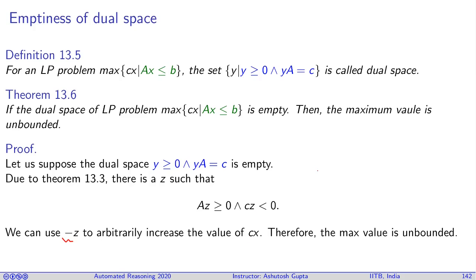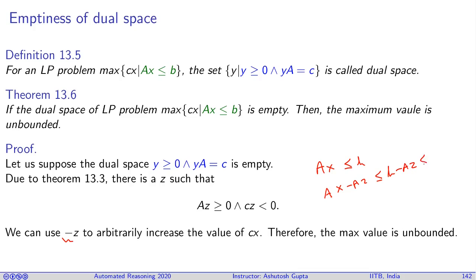So let's suppose you assume that Ax is less than or equal to b, and then you add, let's say, minus Az greater than or equal to minus... b minus Az, and Az is greater than or equal to 0.